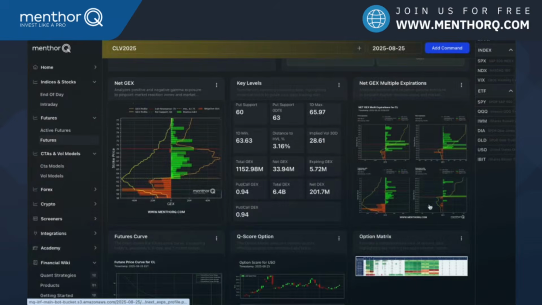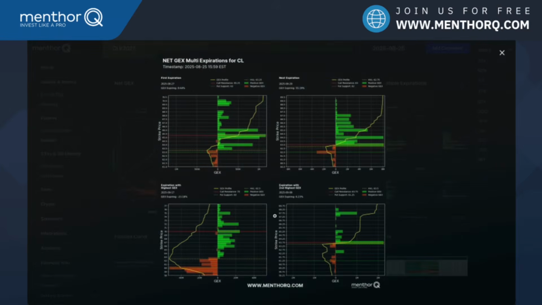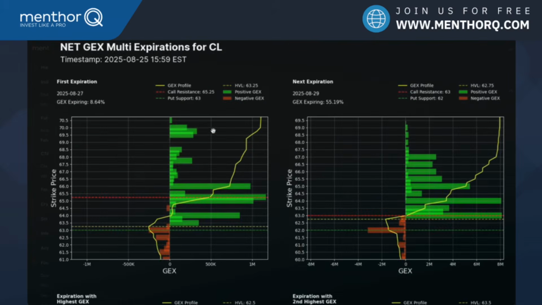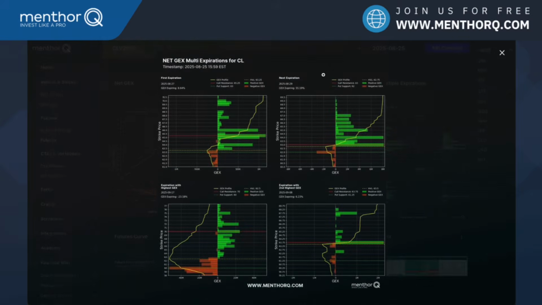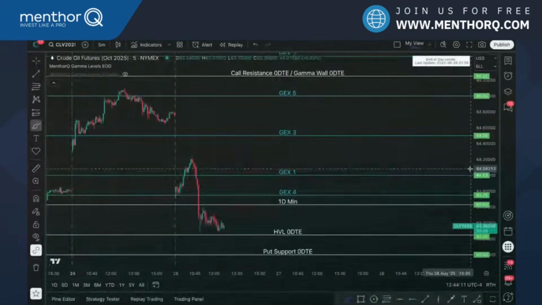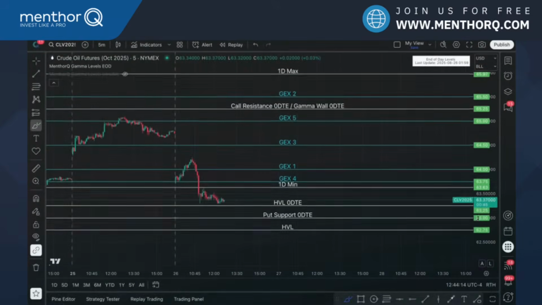But overall, the option position on crude seems to be looking at these areas of 65.25, strong support at 63. So that's the level that we can monitor right now because we are close to that level.